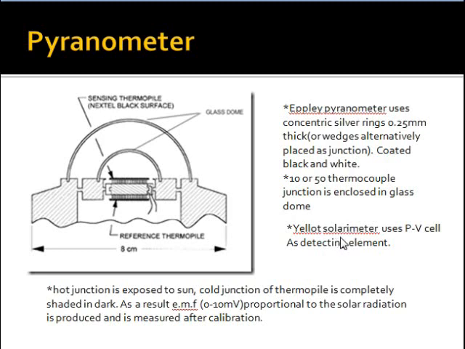That means if the wavelength is different, then the reading we get is not accurate. That's why this solarimeter has more sensitivity towards the solar radiation wavelength.